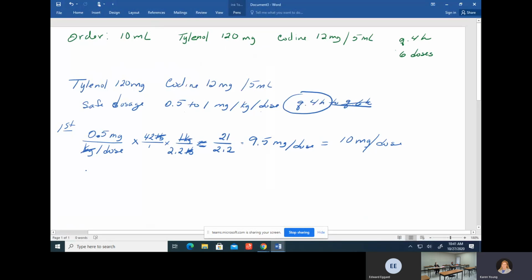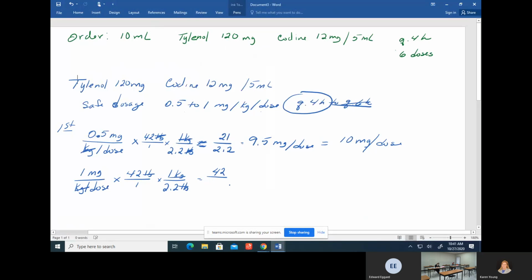Then I'm going to do the maximum, which is the 1 milligram per kilogram per dose, times my 42 pounds, times the 1 kilogram per 2.2 pounds. So 1 times 42 is 42.